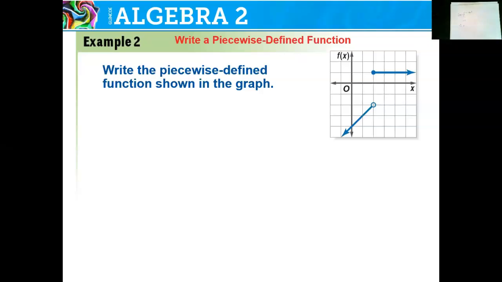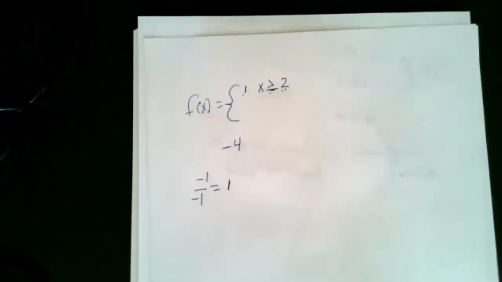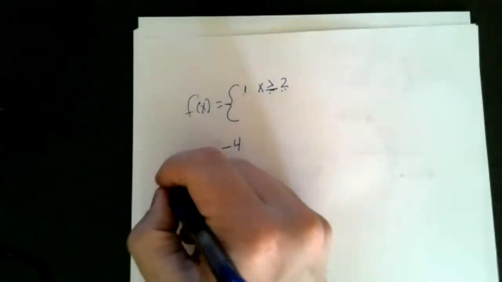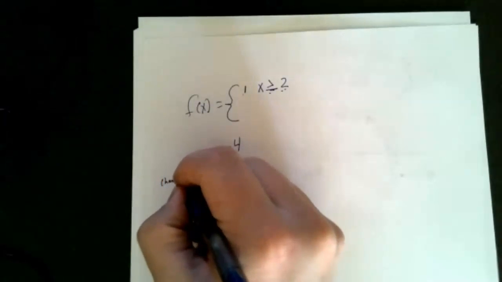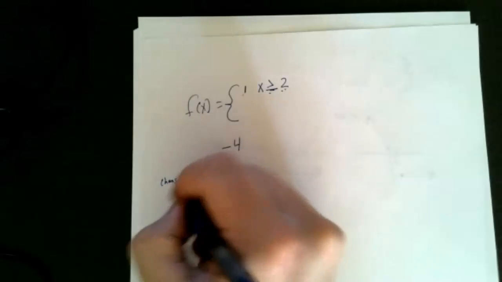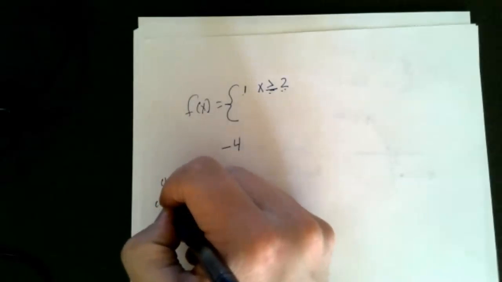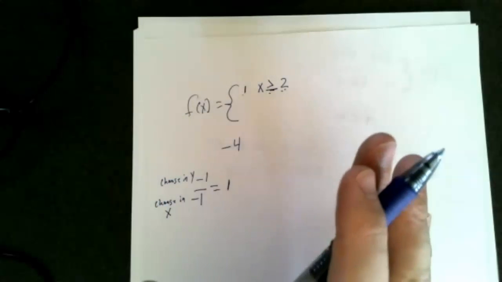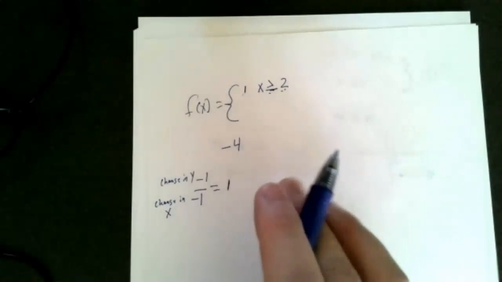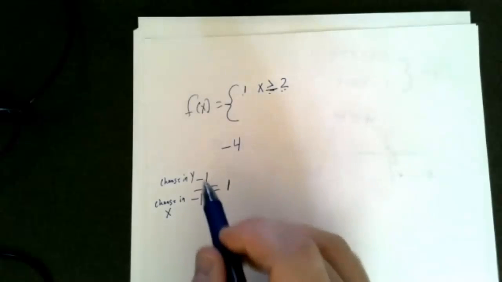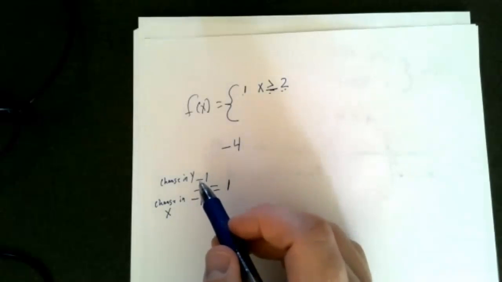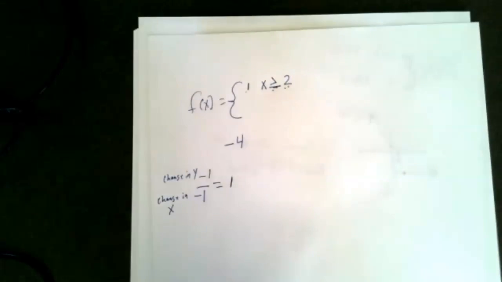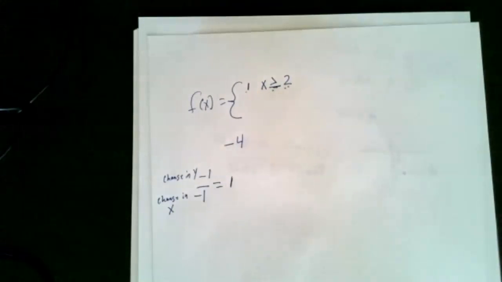And I can find that slope from the graph. This is change in y. This is change in x. And you can pick that up by using the graph. That's totally cool. It's not the best way to do it because anytime you're doing that, it's an approximation.